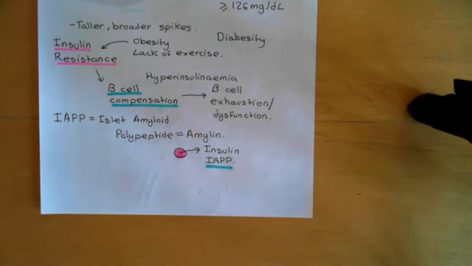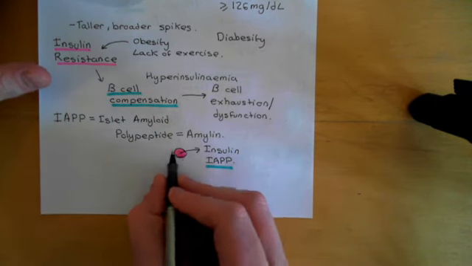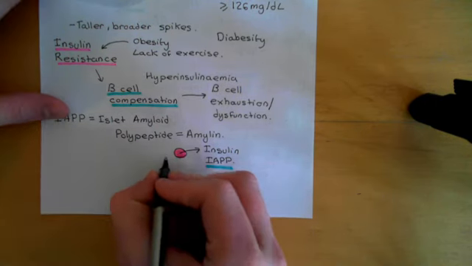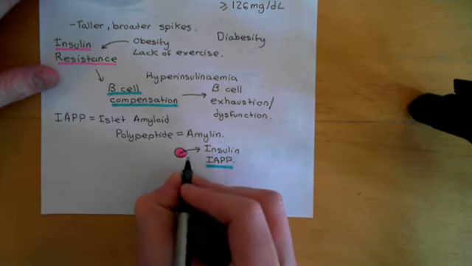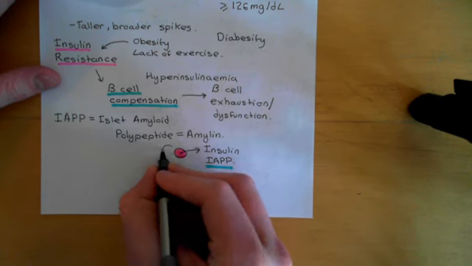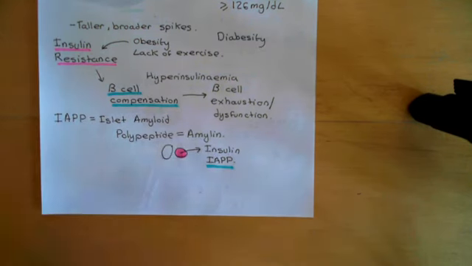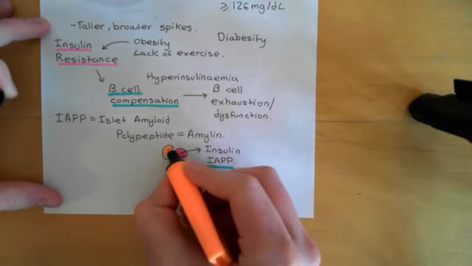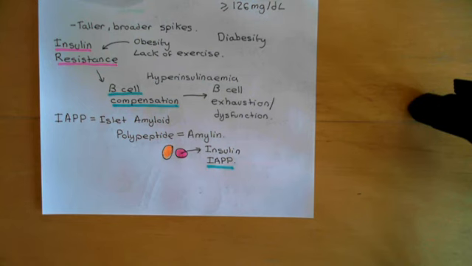The idea then is that the islet amyloid polypeptide builds up in the extracellular fluid surrounding the beta cells, and then in the extracellular fluid it starts misfolding, forming amyloid fibrils and then forming amyloid plaques of islet amyloid polypeptide near the beta cells. So here is one of these amyloid plaques that's been formed by the islet amyloid polypeptide.